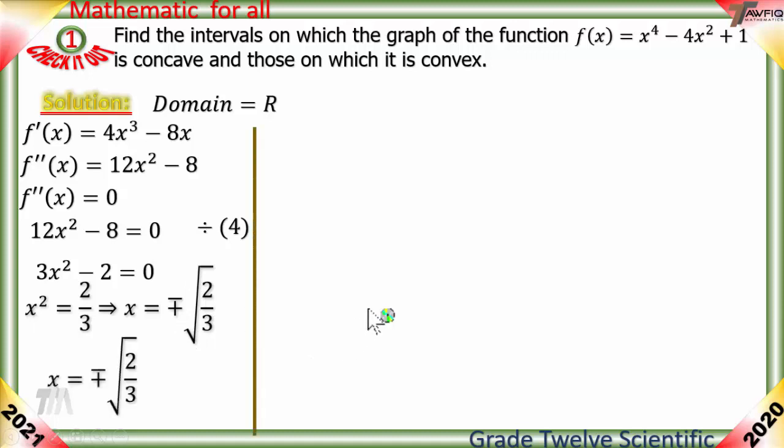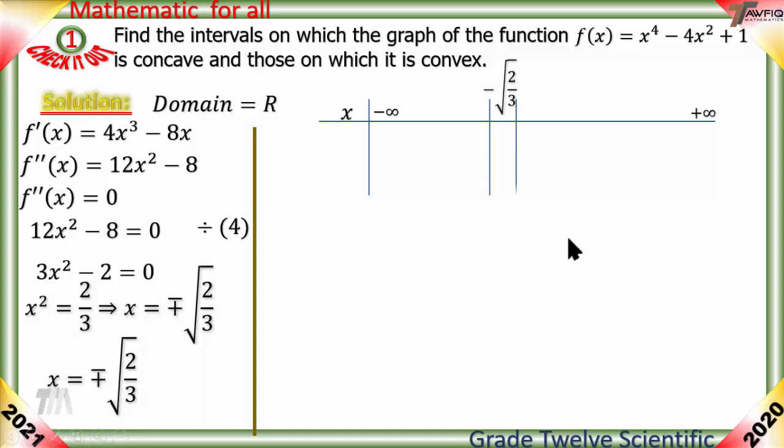And now draw the number line, x from minus infinity to positive infinity, and we have 2 values of x, minus square root of 2 over 3 and plus square root of 2 over 3.